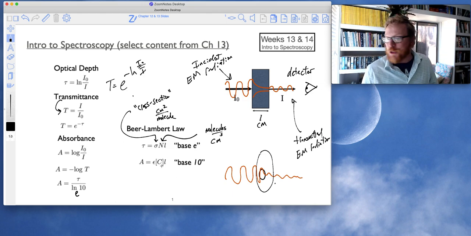Of course, the way that you've all been looking at Beer's law, which is the way we do it in chemistry, is the base 10 measurement, where now my concentration is expressed in molarity, mole per liter.